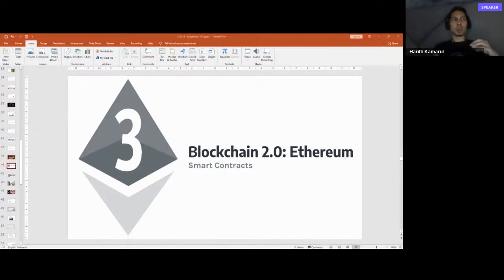So Uniswap can block Iranians from accessing their website, but the smart contract that powers Uniswap can be accessed by anyone in the world because the smart contract already exists. There's no human that can control what happens to the smart contract.